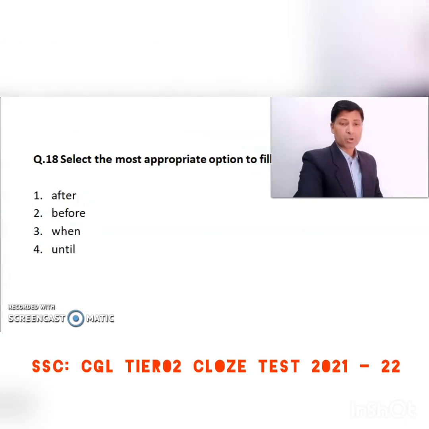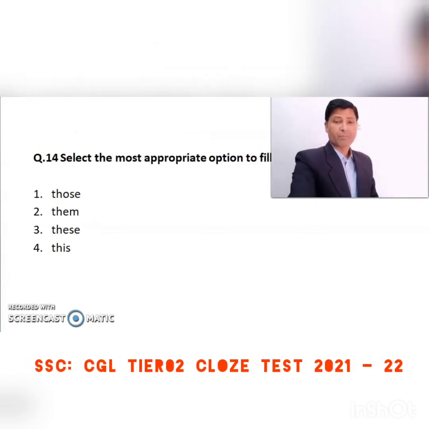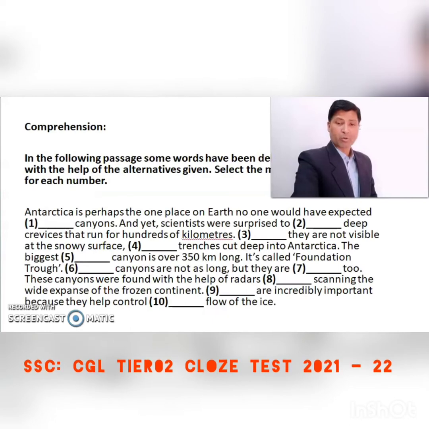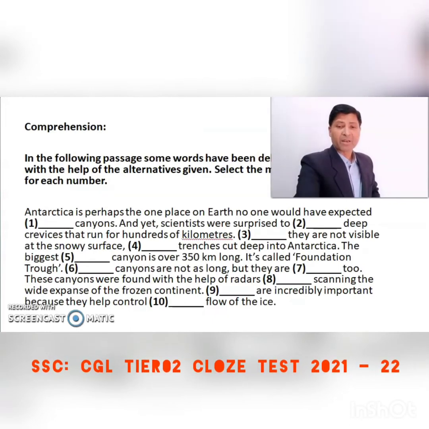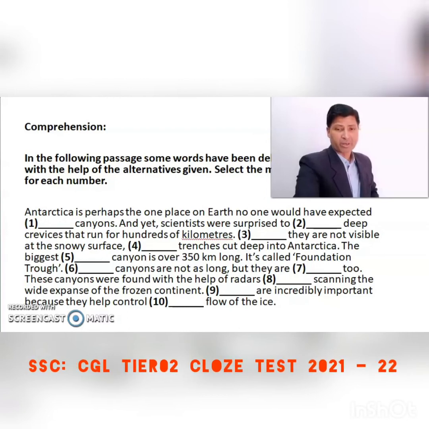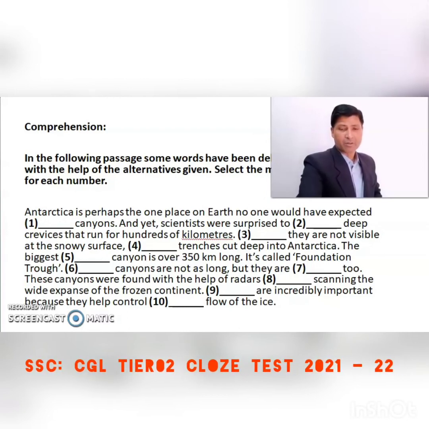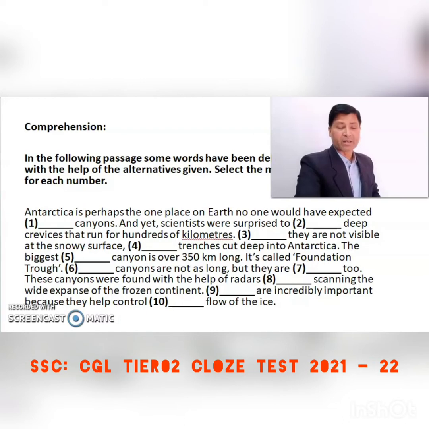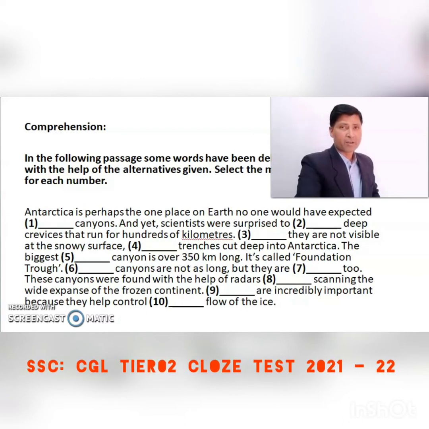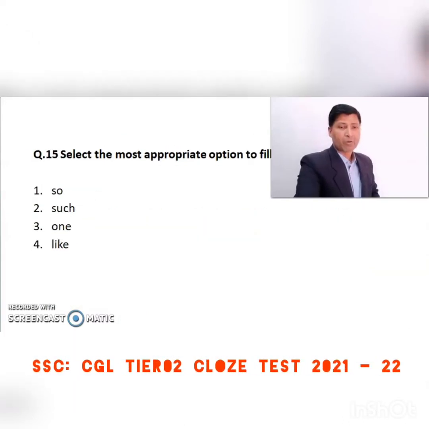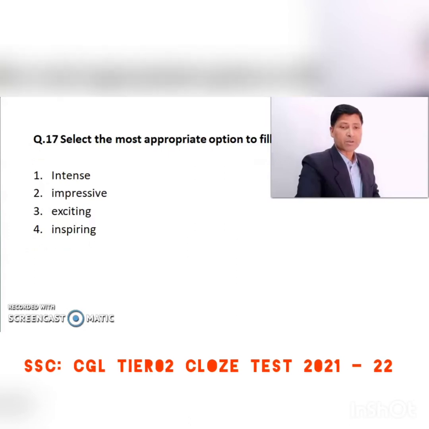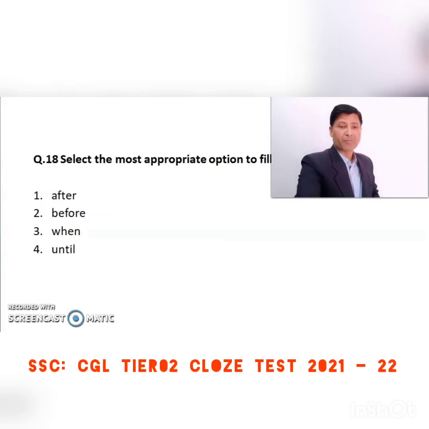Now question number 8, blank space number 8. You look at the question once again. These canyons were found with the help of radars. We need a preposition here because the word coming after the blank is scanning, which is a gerund, and a gerund can come only after a preposition. Now we look at these words: after, before, when, until.